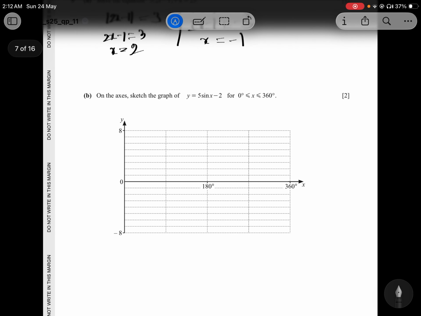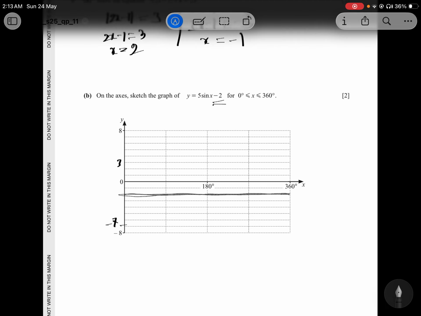Now here c is negative 2. So 1, 2, 3, 4. Okay, so this should be our main set of axes. Now the amplitude is 5. So 1, 3 here, and minus 2 to 5 is minus 7 here.